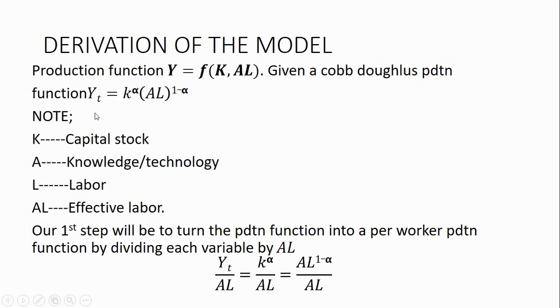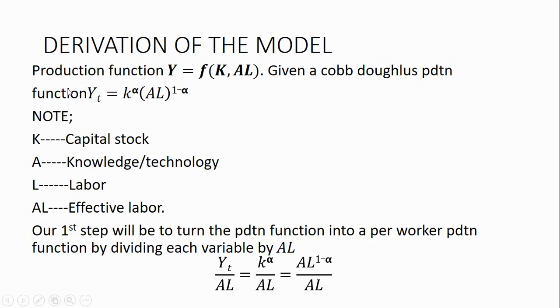Yt is equal to K power alpha (AL) power 1 minus alpha. So we've defined our real output in the long run. That output Yt is defined by capital as a factor input and effective labor as a factor input. So we are using two factor inputs, that is capital and effective labor.